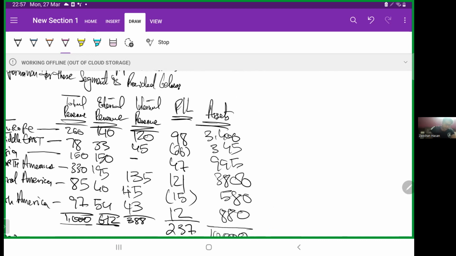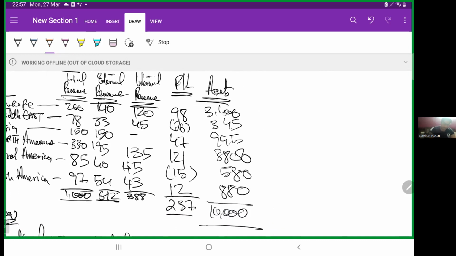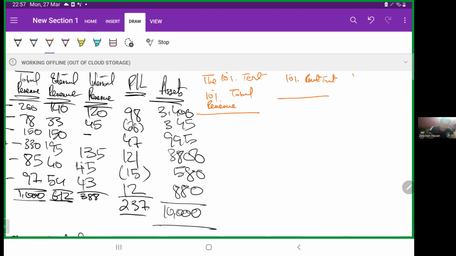For that, let us do the 10% test: the 10% total revenue test, the 10% result test, and the 10% asset test.